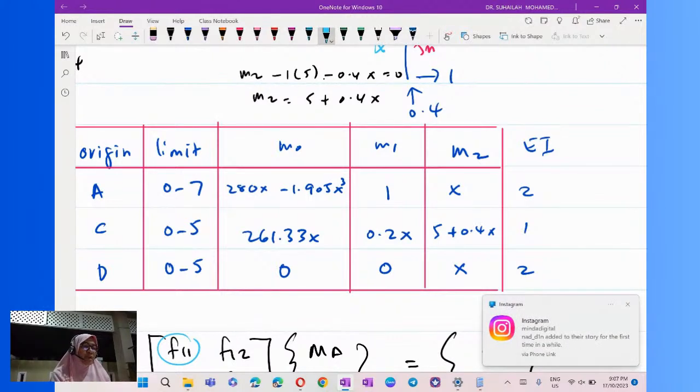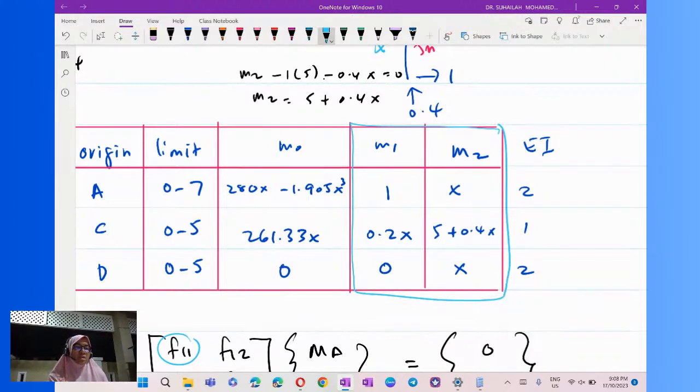Okay, next one is M1, M2. M1, M2 means we have to focus on this. Again, there is 0 here, so we just need to consider two members, AB and BC.